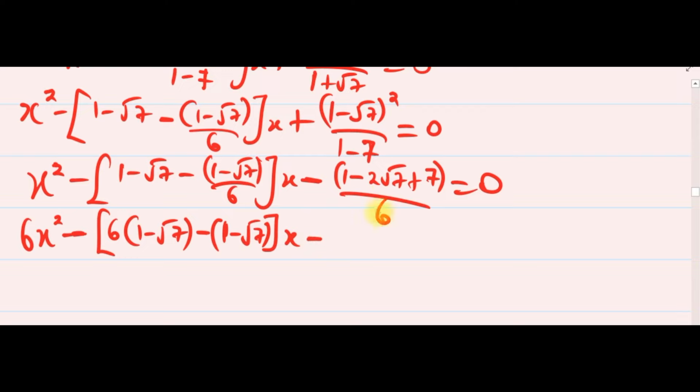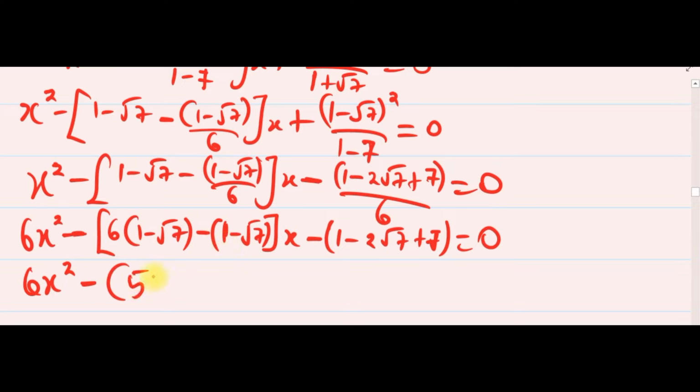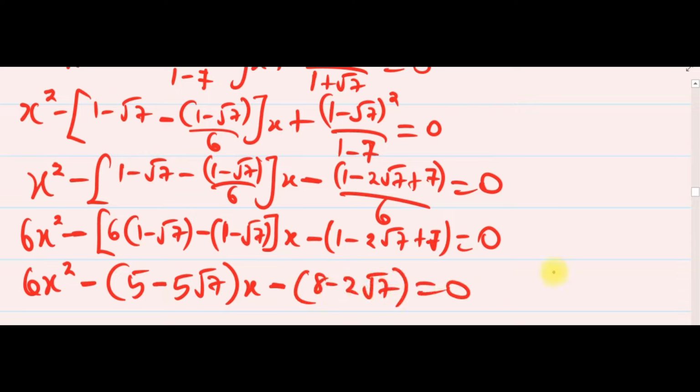Then 1 minus 2 root 7 plus 7 equal to 0. So we have 6x squared. 6 minus 1 is 5. Again, minus 6 root 7 plus root 7, we have minus 5 root 7, times x. Minus 1 plus 7 is 8. So we have 8 minus 2 root 7 equal to 0.